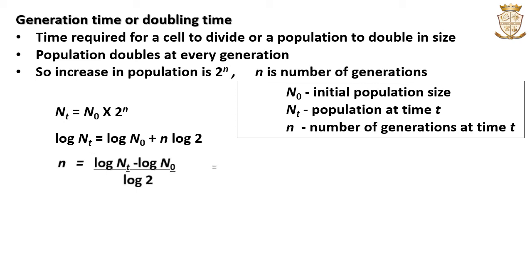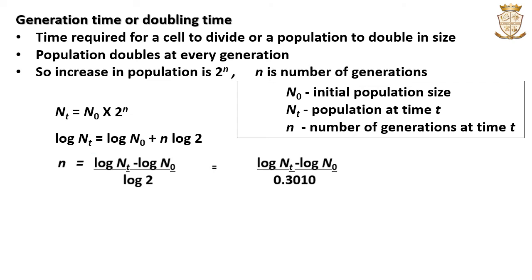We can calculate the number of generations n from this equation, which is equal to log nt minus log n0 divided by log 2. If log 2 is rewritten as 0.3010, then the equation becomes: n equals log nt minus log n0 divided by 0.3010. This is the number of generations at time t.